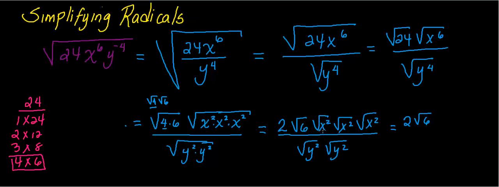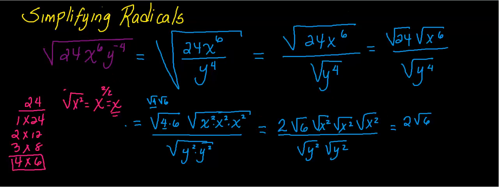Because the square root of x squared is the same thing as x to the 2/2 power, which is x, if we change it into a rational exponent expression.